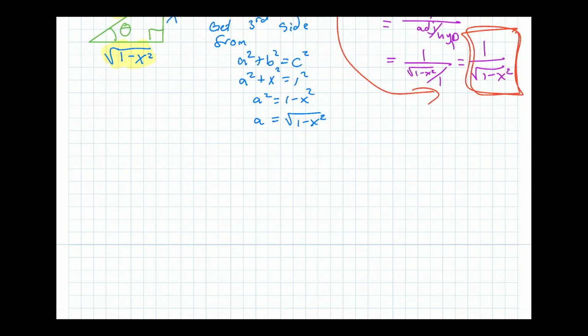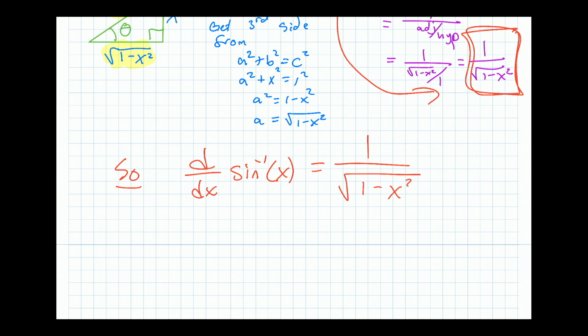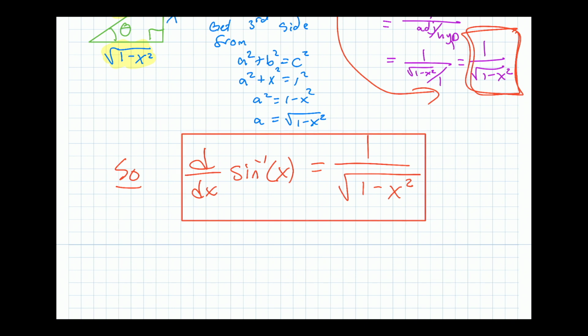So our final formula is this: d/dx of sine inverse x is 1 over the square root of 1 minus x squared. And you're only able to plug values in here between -1 and 1. I'm not going to bother saying that because it's obvious. Okay, that's your formula.